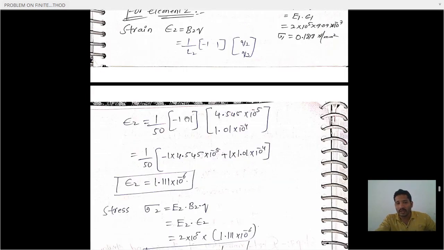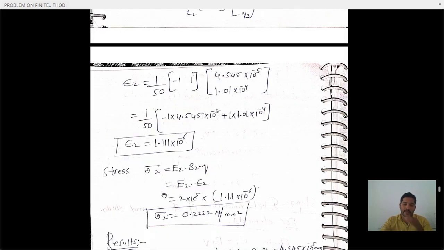Strain epsilon 2 is equal to B2 into Q, 1 by L2 into minus 1, 1, into Q2 and Q3. 1 by 50, length of the second element is how much is there? 50, into minus 1, 1, and the Q2 value we already found, how much? 4.545 into 10 power of minus 5, and Q3 value is 1.01 into 10 power of minus 4. 1 by 50 as it is, just need to multiply minus 1 into 4.545 into 10 power of minus 5 plus 1 into 1.01 into 10 power of minus 4. If you calculate the whole value, the strain will become 1.111 into 10 power of minus 6.